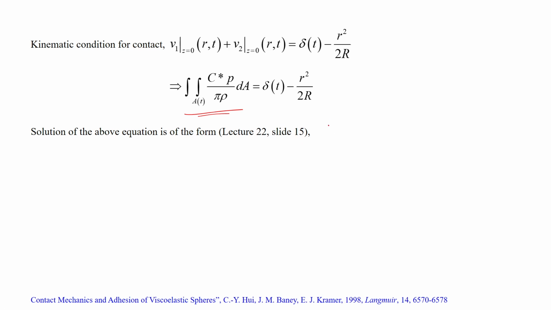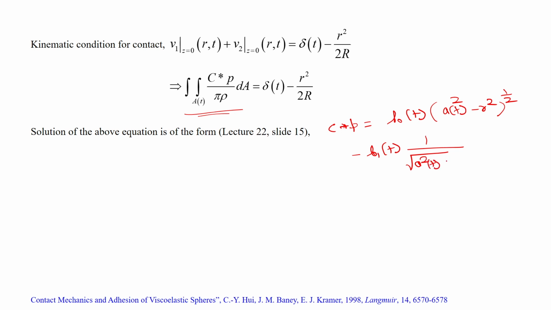It will be C star P, following this particular form, B0 of T into the square root of A of T square minus r square, minus B1 of T into the square root of A of T square minus r square, right. And everything is happening after time t equal to 0.